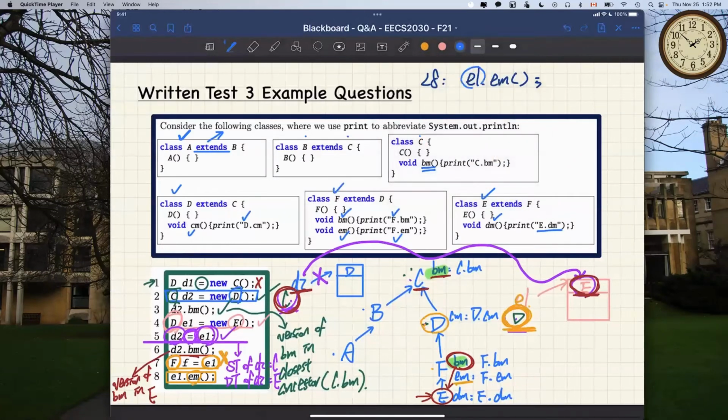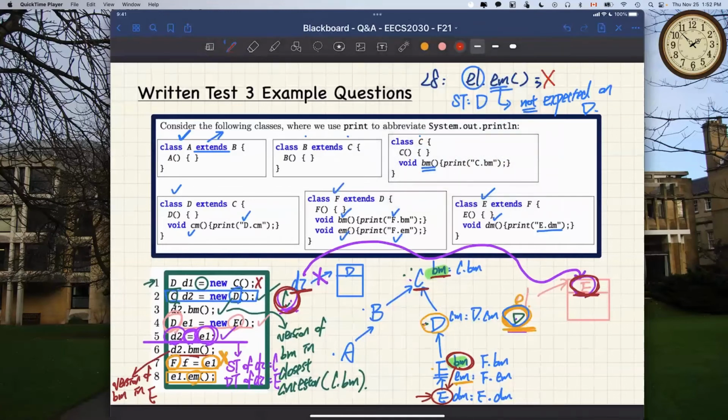First of all, we know E1 statically is D. The static type is D. But EM over here was only declared in the descendants of D, which is F, so it's not expected on the static type D. That's why it's not going to compile.